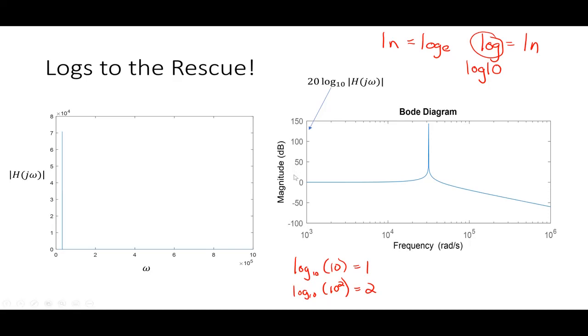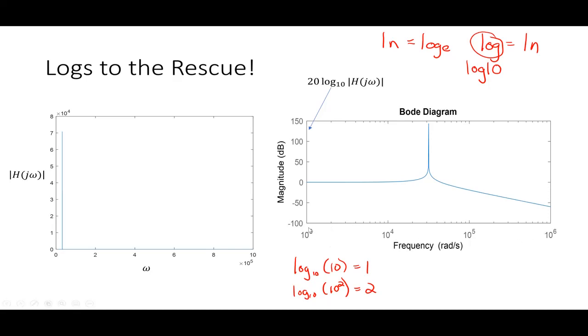Now what we did here is not only plot this magnitude as a function of a logarithm, but I plot the frequency axis also on a logarithmic scale.